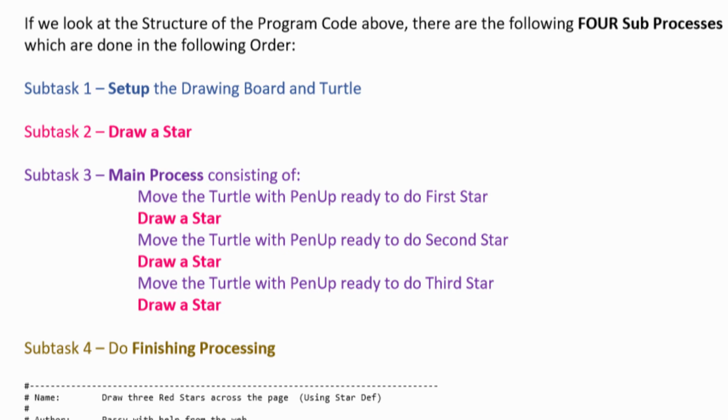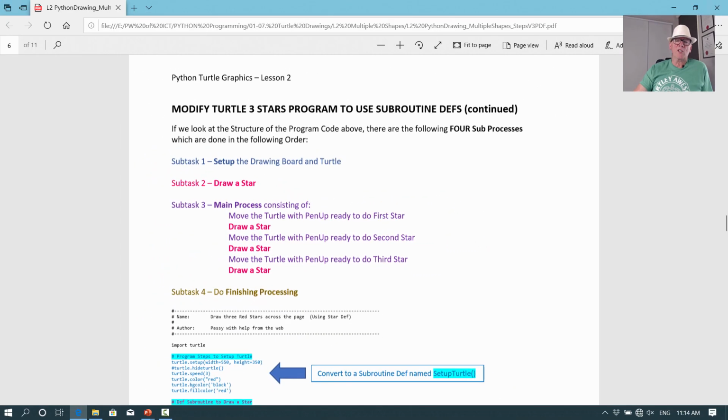This is pretty typical. A program will have a setup, a main process, and some finish processing. Just like your essay, it has an introductory section, then the main part of your essay, which might be broken up into paragraphs. So you draw a star, here's a subroutine that's going to be used several times, and it might be in its own little separate section in the program.